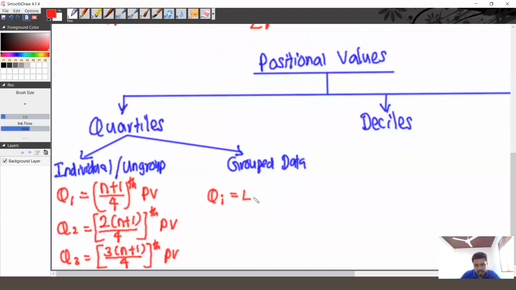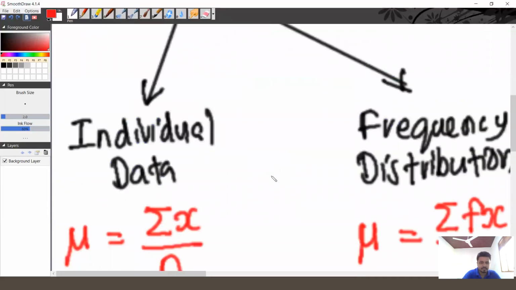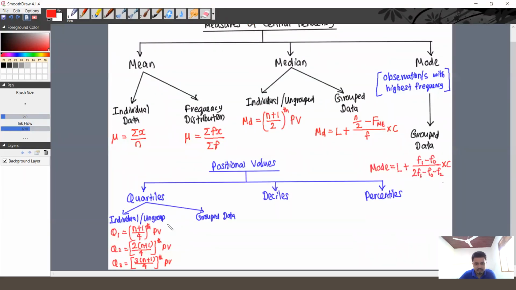Then capital LQi. Qi equals capital LQi plus i into n over 4 minus capital FQi divided by simple fQi into C.